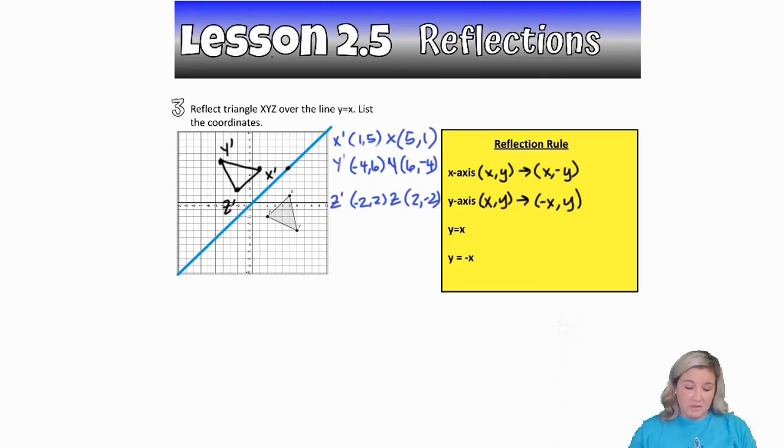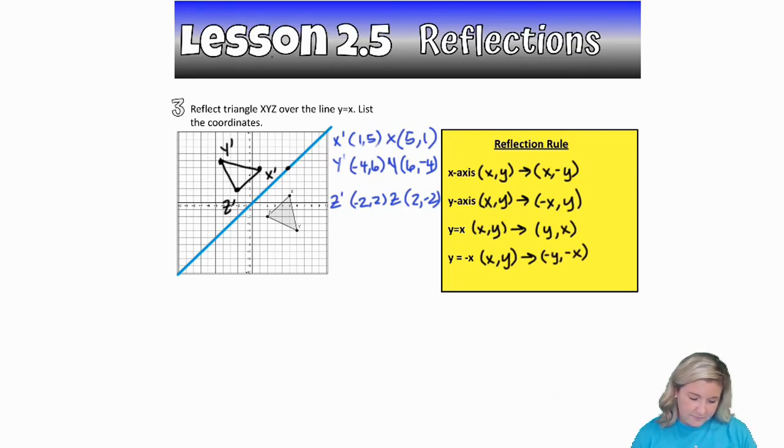And then if I reflect over the line y equals x, then you are going to flip-flop the coordinates. And then if you reflect over the line y equals negative x, then you're going to flip the sign and flip the order. So it's negative y, negative x.